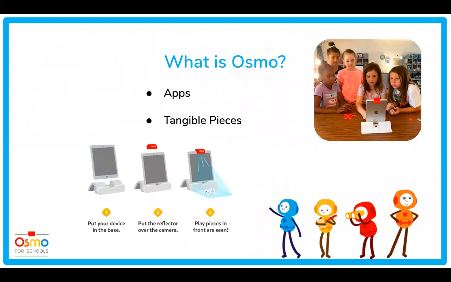So whatever's going on in the play space in front of the screen is what gets reflected through the tablet's camera via the red reflector. And then the software interprets whatever's happening and provides immediate feedback to the user or player. So whether you're arranging tangram pieces or playing with number tiles or even freehand drawing, Osmo will see and react to every real live move, which is pretty amazing and incredible.